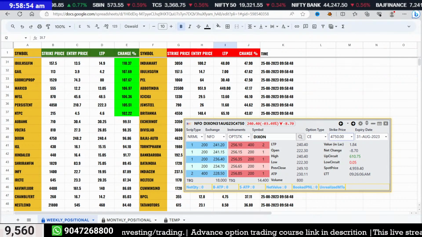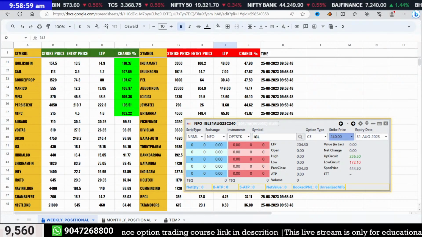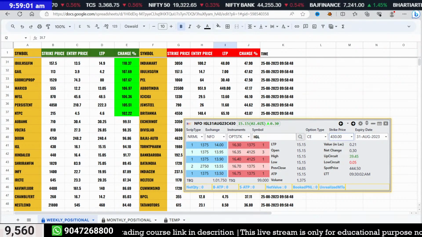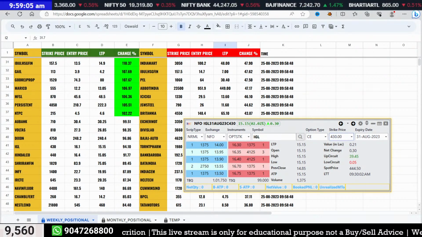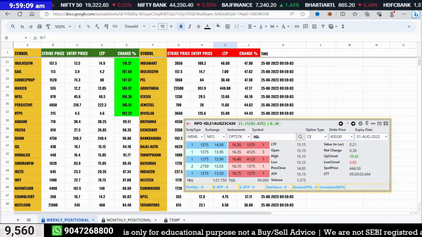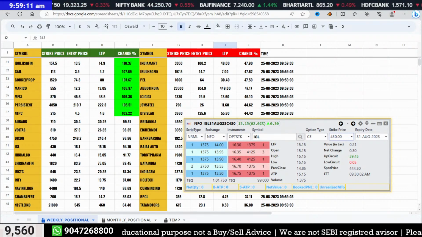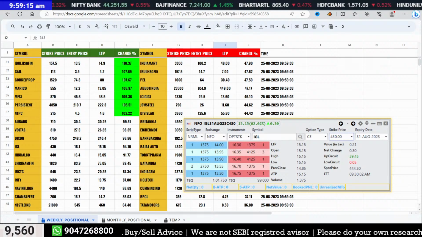The IGL will be there, 430, and 14 and 16. There is a 2 rupee gap between buyers and sellers. And look at the LTP of 15.15, and open, high, low, close, everything was the same and only one lot was traded on this particular strike price. So I don't go for this one.